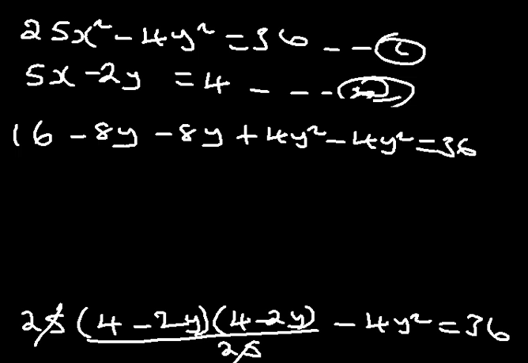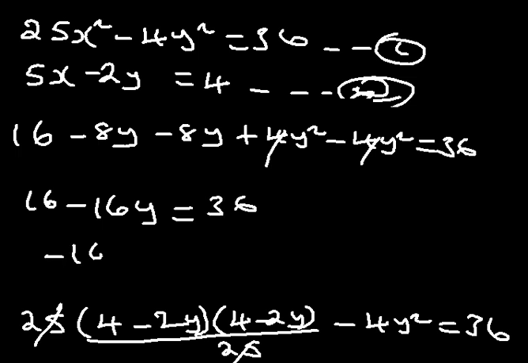Now this and this will cancel. We'll only have 16 minus 16y equal to 36.